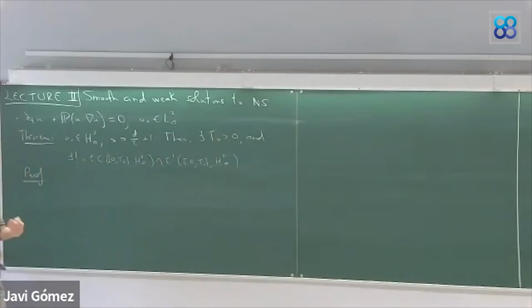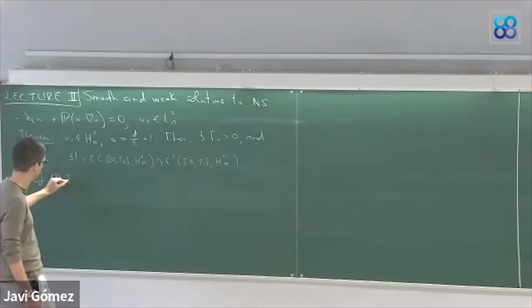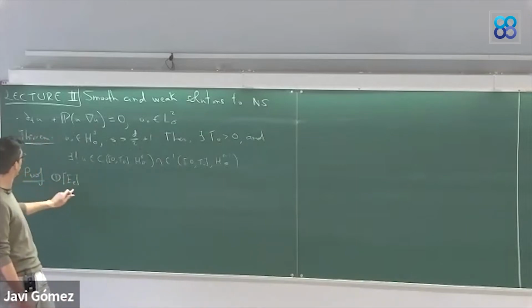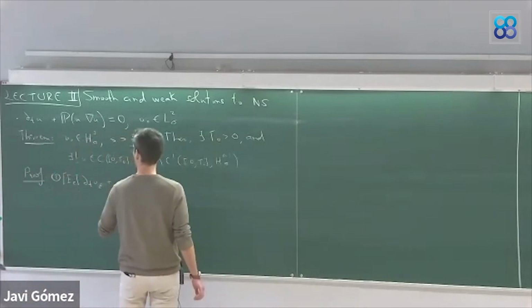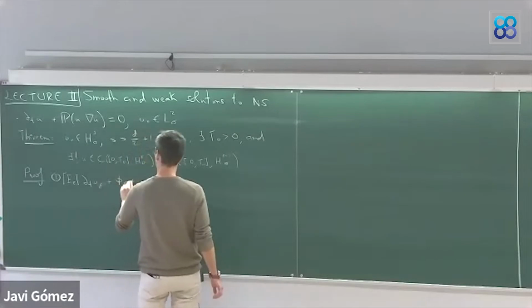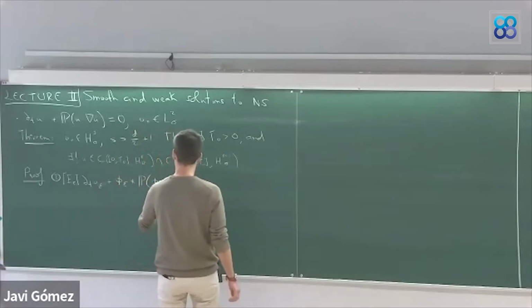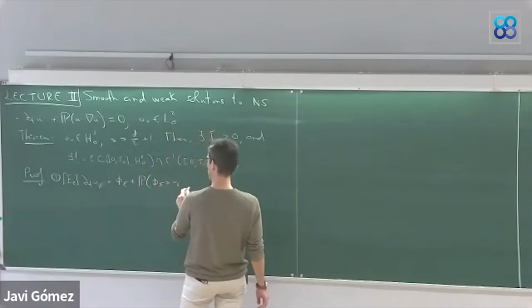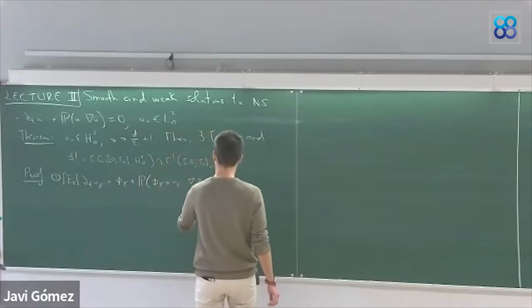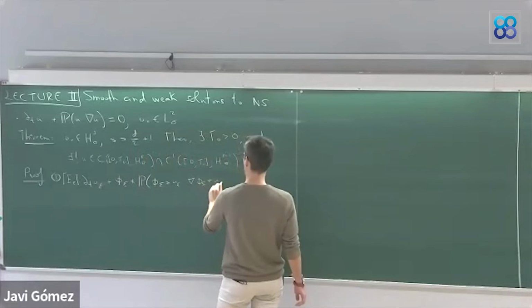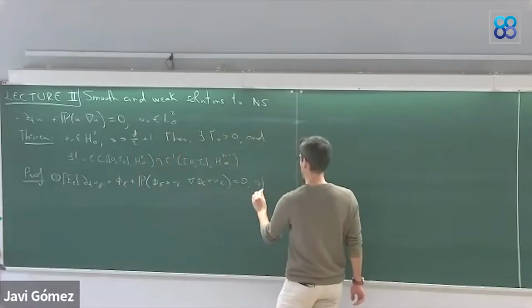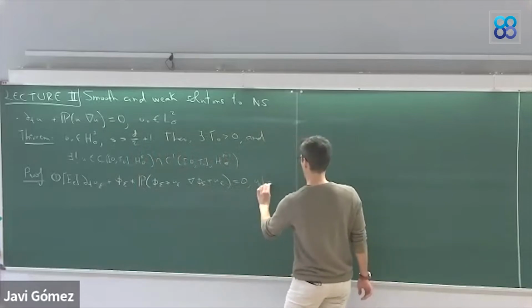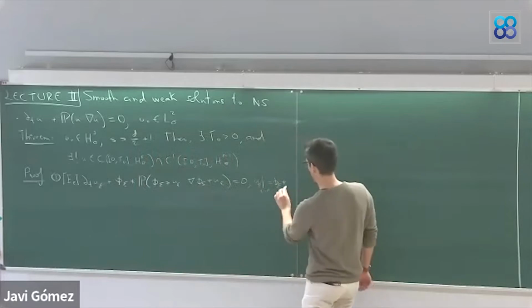Basically, it was a standard modification argument. First, we modified the equation and we defined the Euler epsilon equation by this form, with initial data the regularized u.